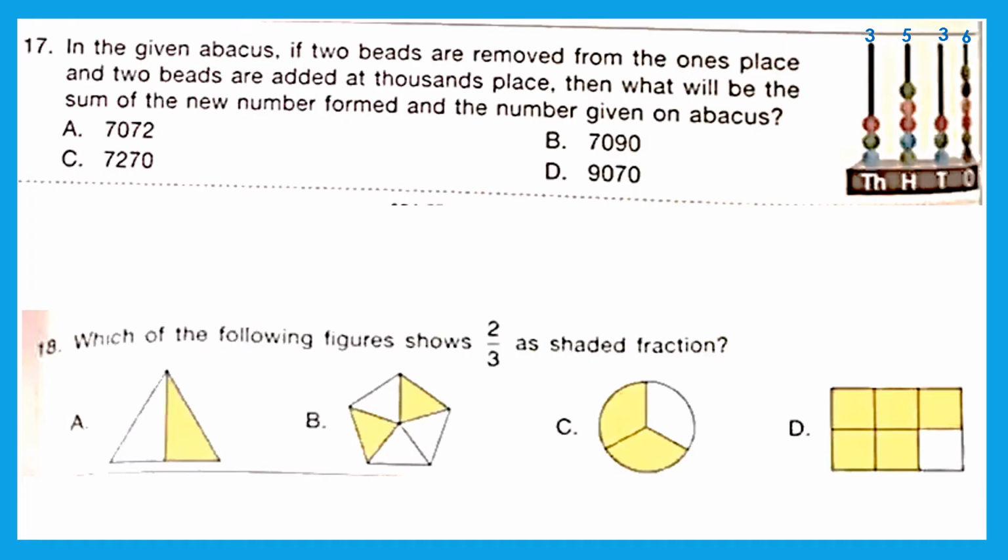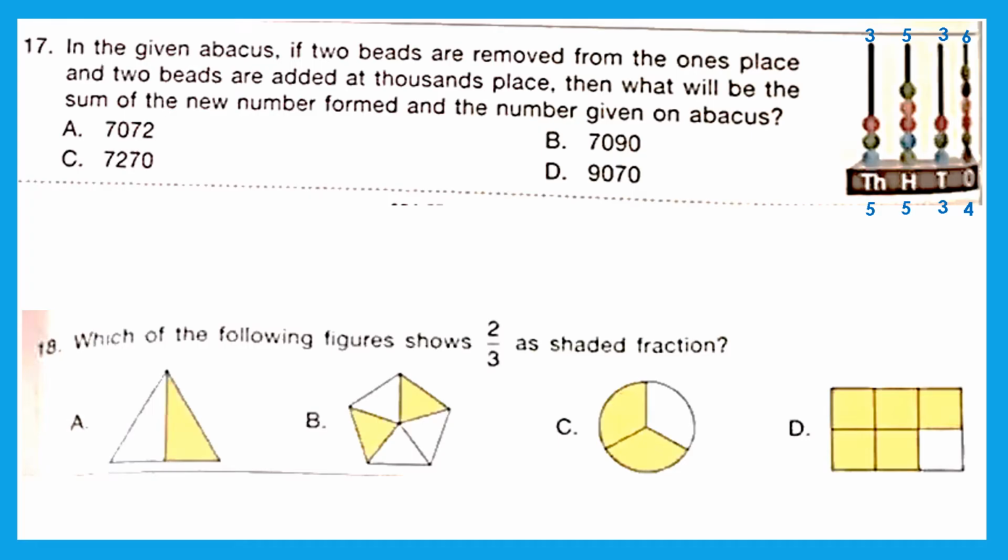That we have to remove 2 beads from ones place. Ones place is 6. If we remove 2 beads, we'll get 4 at ones place. And then we have 2 beads added at thousands place. So currently they have 3 at thousands place. We'll add 2, we'll get 5. Rest all are the same. So the new number which we are getting is 5534.